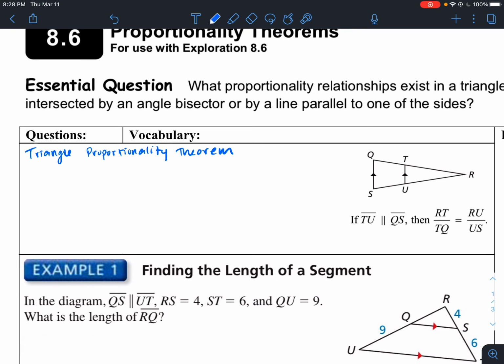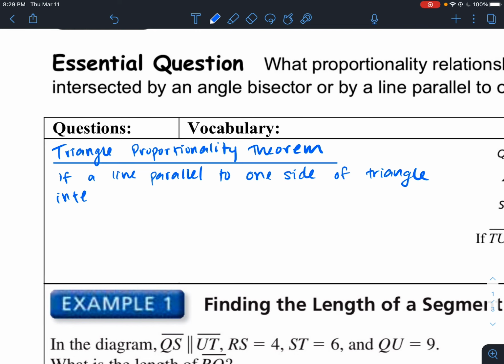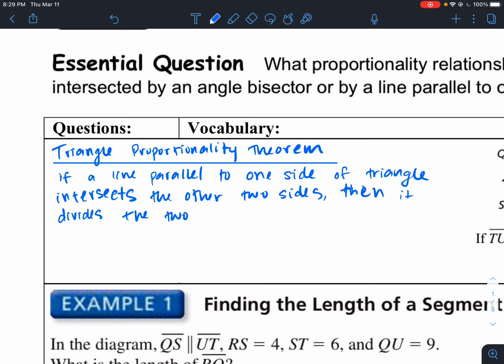So we could say that if a line parallel to one side of a triangle intersects the other two sides, then it divides the two sides proportionally.